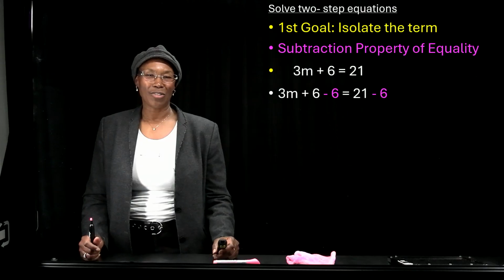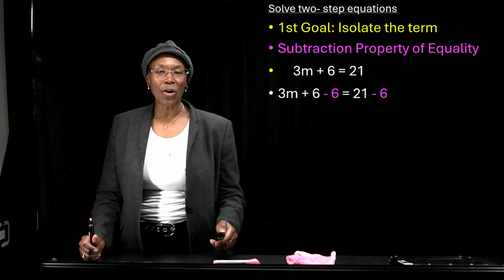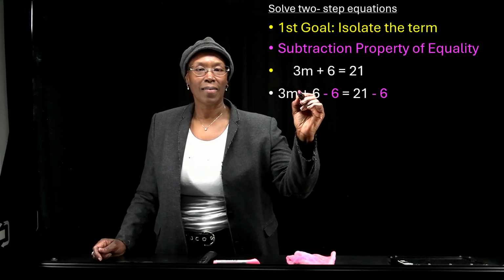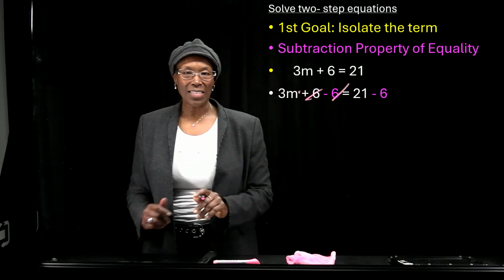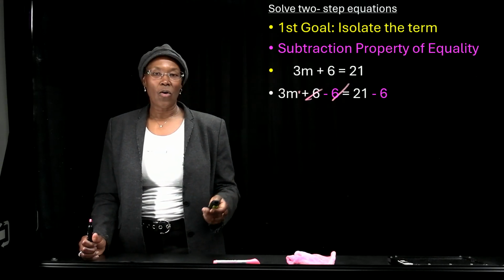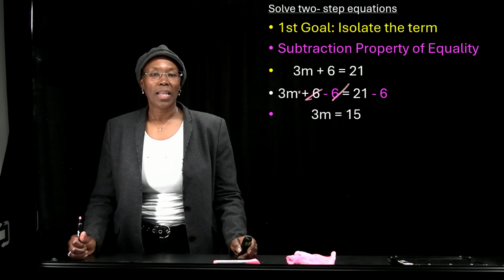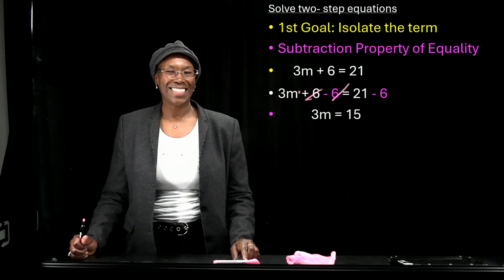That completes our subtraction property of equality rule to isolate our term. So that means our plus 6 and our minus 6 cancels, leaving us on our third line when we simplify with 3M, line up our equals, and then 21 minus 6 is equal to 15.